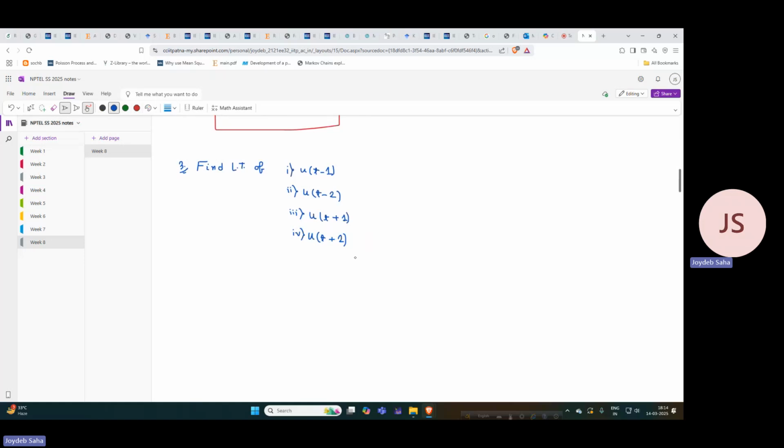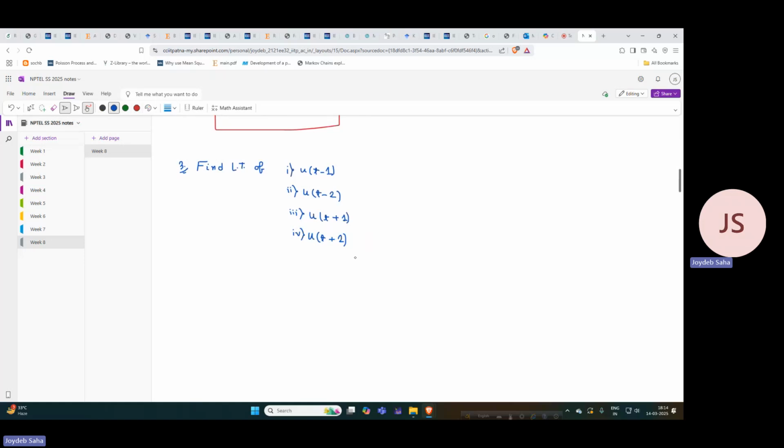So take 1 minute and try to understand in which way we can solve this. First try to understand the question. The question is to find the Laplace transform of u of t minus 1.